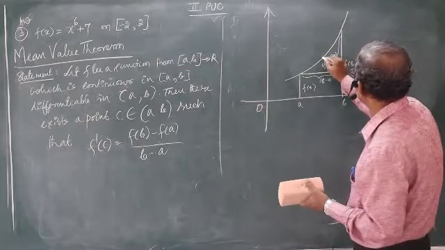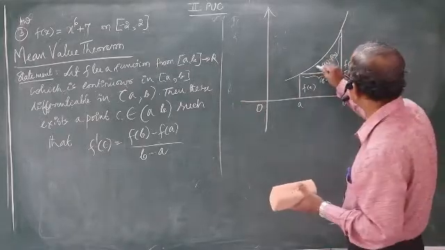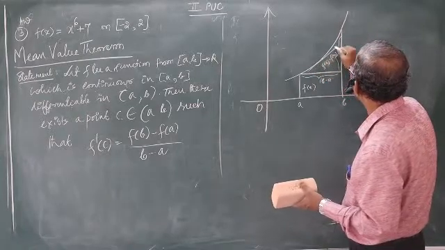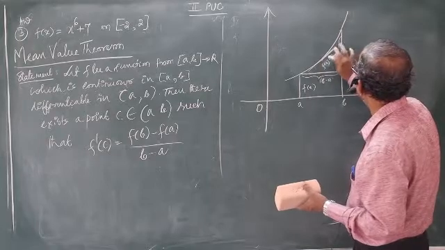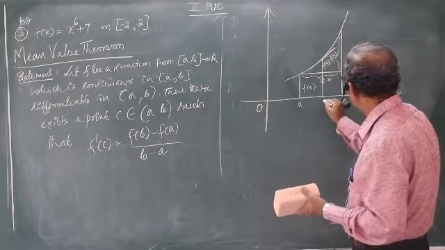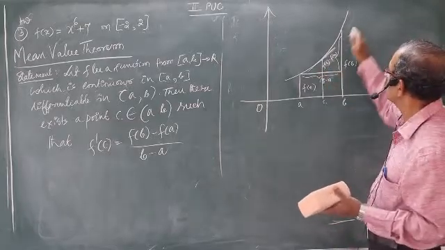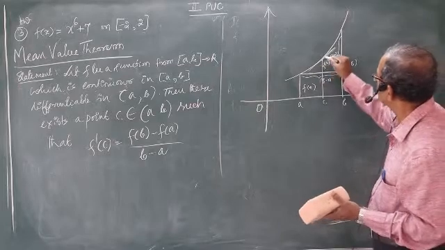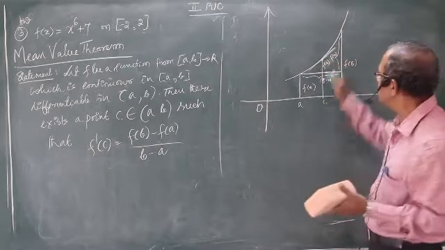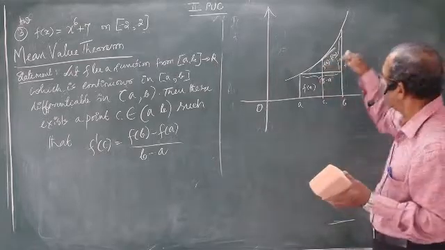According to the theorem, there exists a point whose slope is exactly equal to this. This is actually C. The slope of this one is exactly equal to the slope of the tangent F dash of C at the point C. There exists a point on this having the same slope.